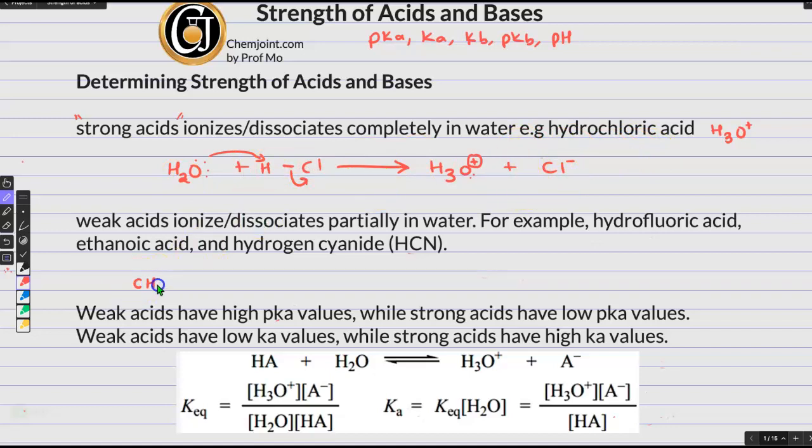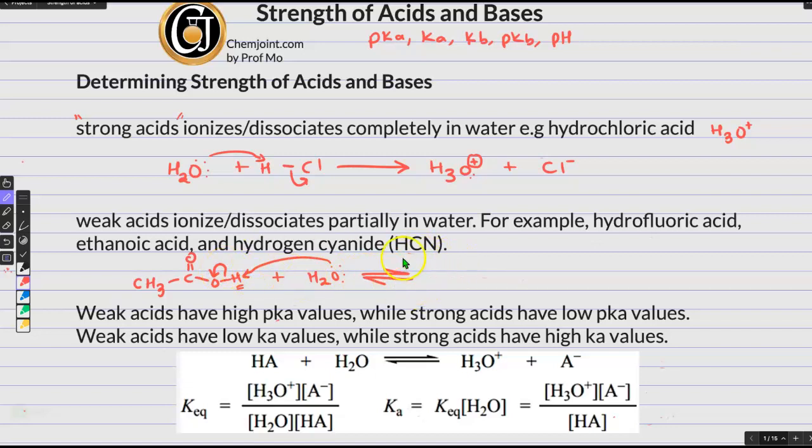If you had a weak acid like ethanoic acid and drop it in water, water will still play the role of a base, using its lone pair to form a bond between the oxygen and this new hydrogen, and these two electrons will be thrown onto the other oxygen.